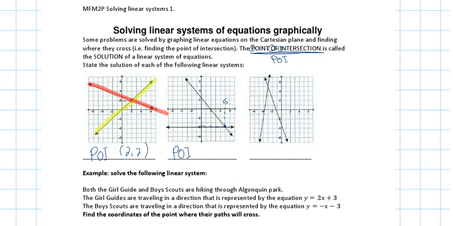Remember, alphabetical order, x, y. So in this case, it's (5, -4). Point of intersection for this one, what's the value? The x value first, so that's -3 and 5.